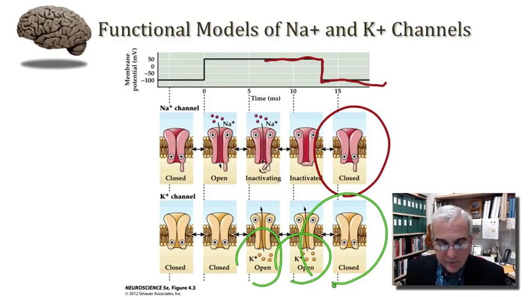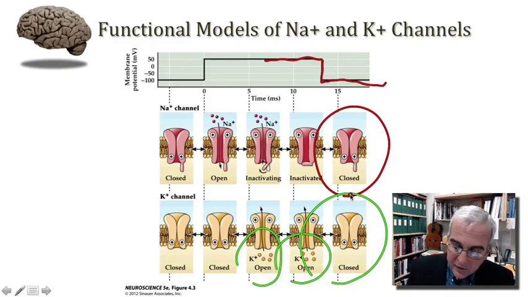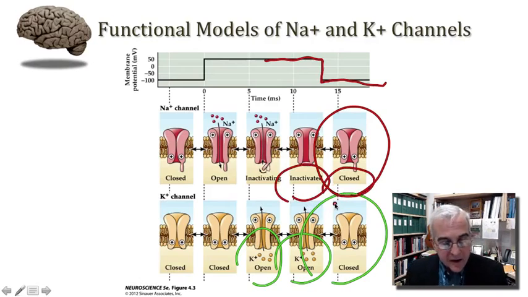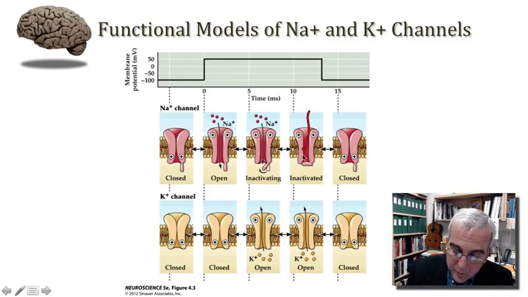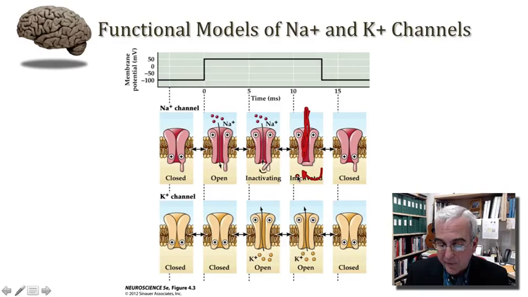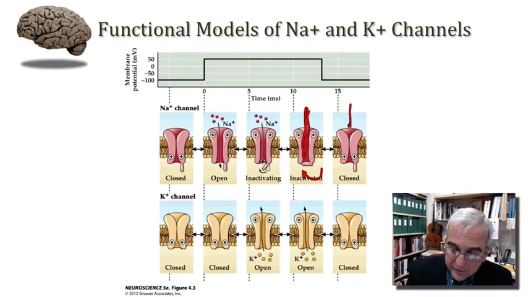Now let me again restate the point about the sodium channel because it is important. Notice that there's a difference between inactivation and closed. In the inactive state, the pore of the channel is open, but the gate has closed on the cytoplasmic surface of the channel. In the closed state, the pore is stopped up, preventing further flow of ions.